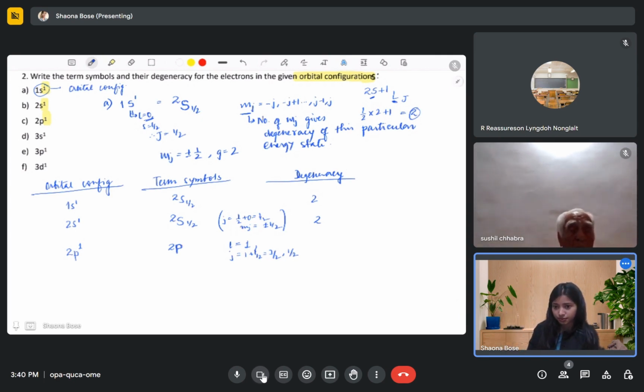Why is that so? Can you tell? So my term symbols will be 2P half and 2P 3/2.